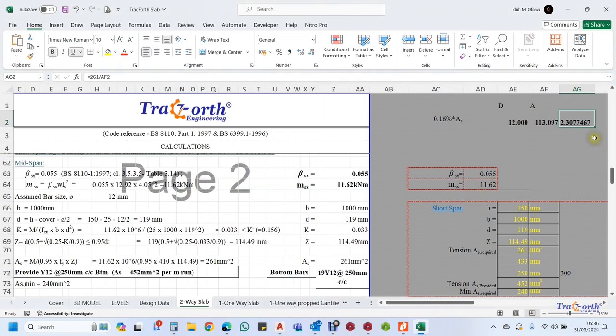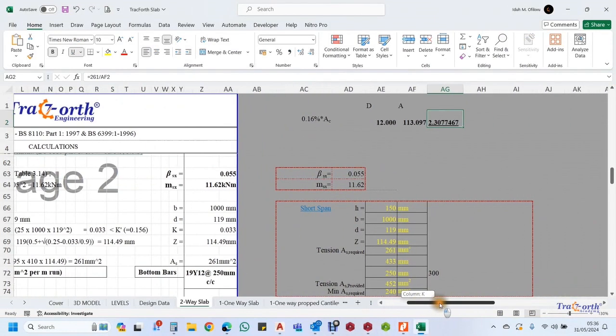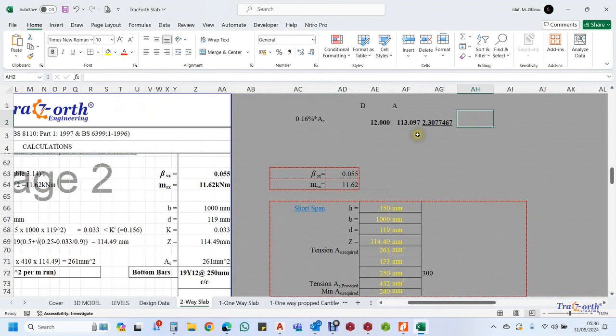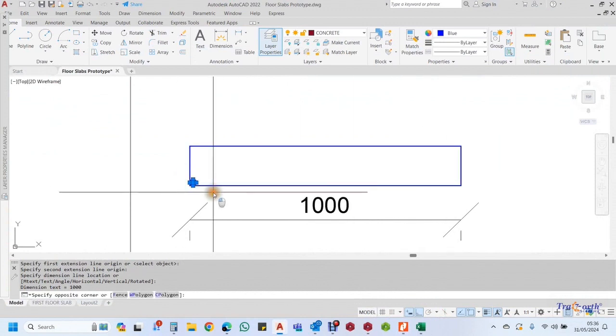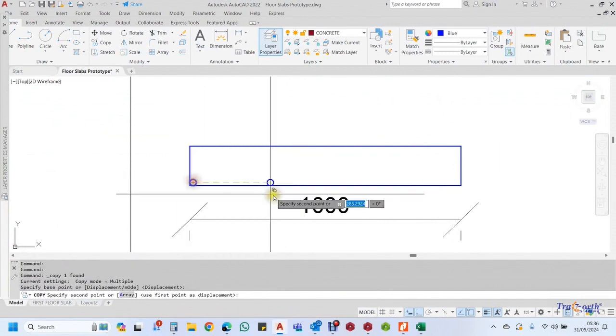So now, for 1 meter, it's already determined, sorry, 3 bars, not 4, 2.3. So I'm approximating it to 3. What he's saying is that between here and here, I need to have 3 bars, which you can equally say, okay, from here, right?